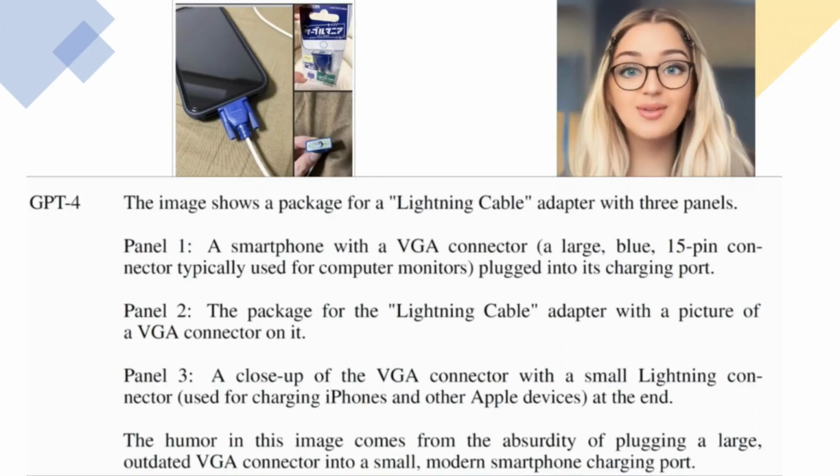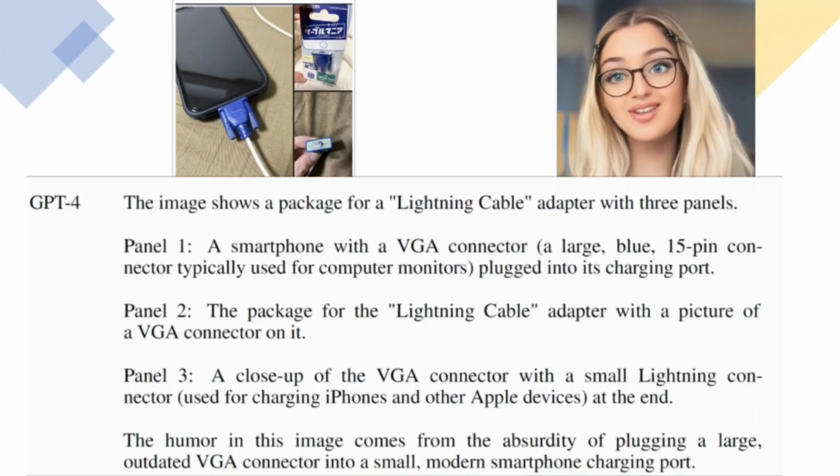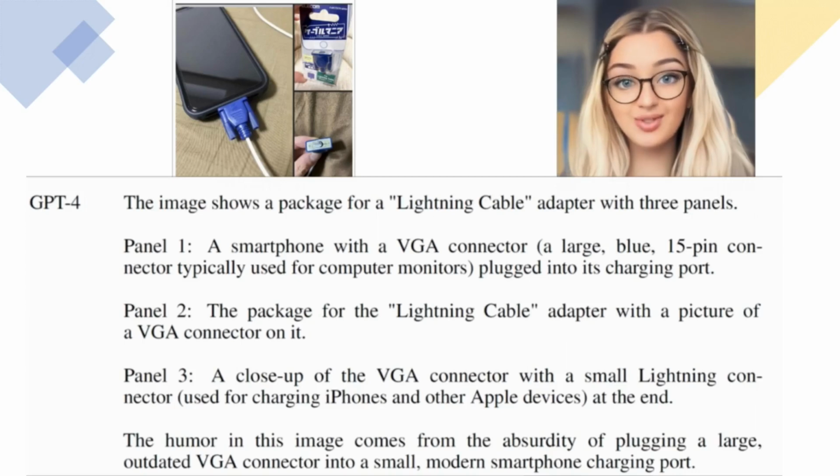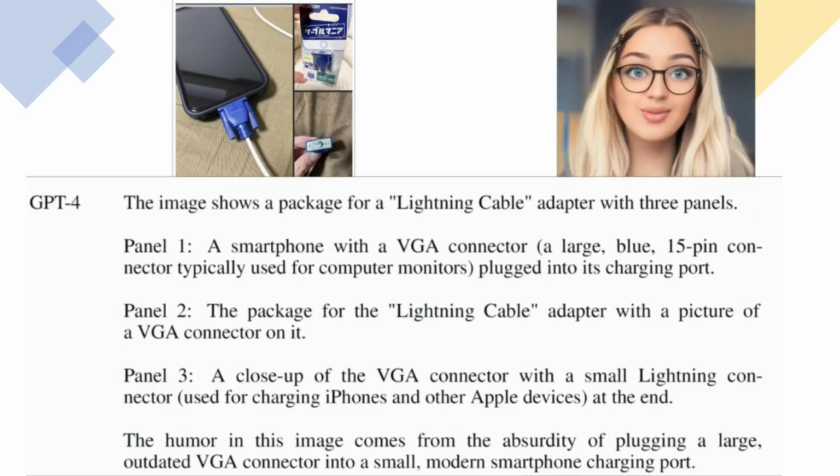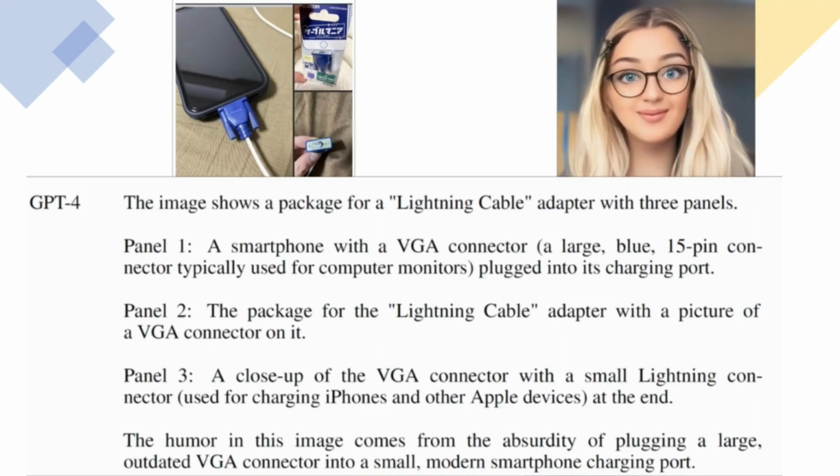The image shows a package for a lightning cable adapter with 3 panels. Panel 1, a smartphone with a VGA connector, a large, blue, 15-pin connector typically used for computer monitors, plugged into its charging port. Panel 2, the package for the lightning cable adapter with a picture of a VGA connector on it.